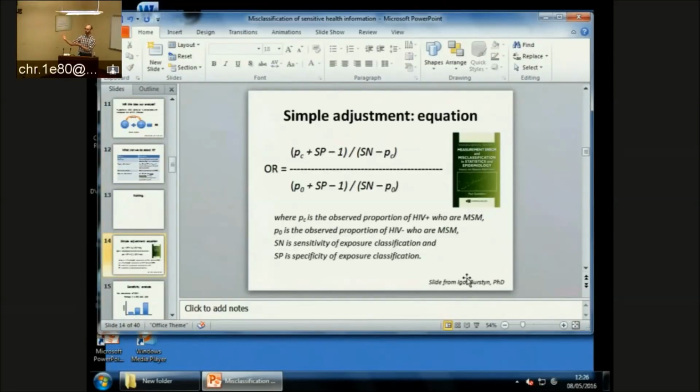We can pop it into this equation over here and come up with the corrected risk estimate. And this is just based on Paul Gustafson, who has done a lot of work in measurement error, has this wonderful textbook. It's super thin, but it's also super dense at the same time. And a lot of this work is based on Gustafson's work, but he presents this equation in it. So you can run through the motions there, and you can correct for it.